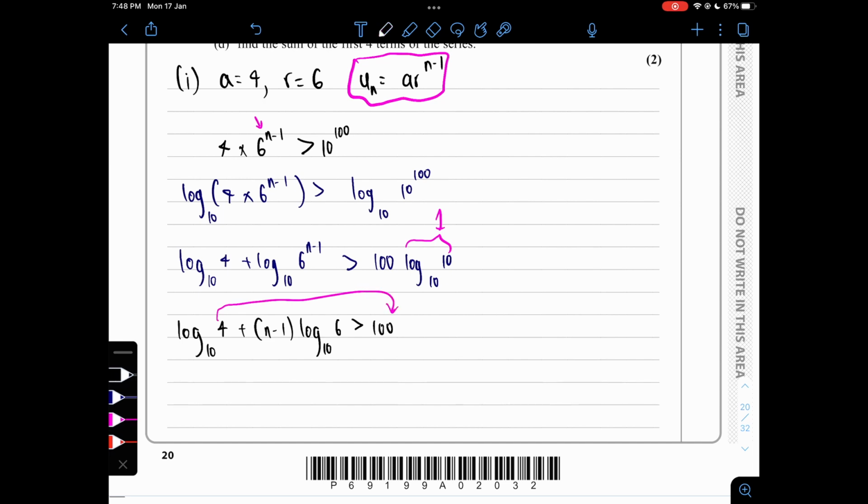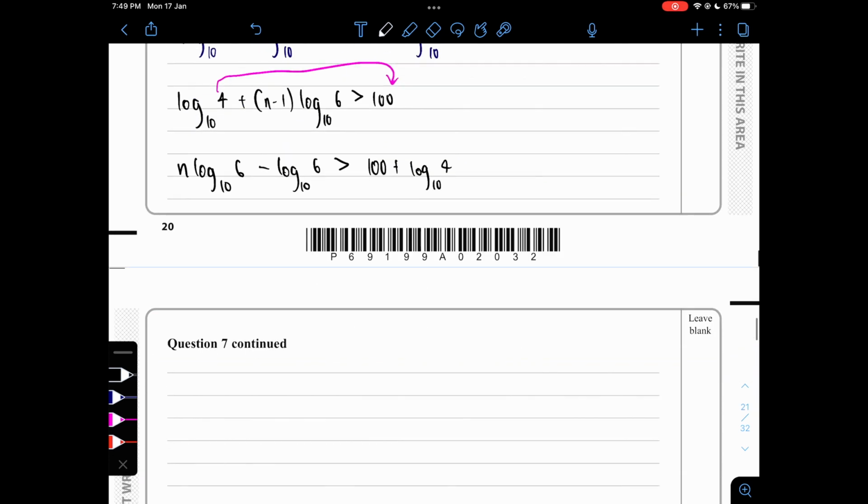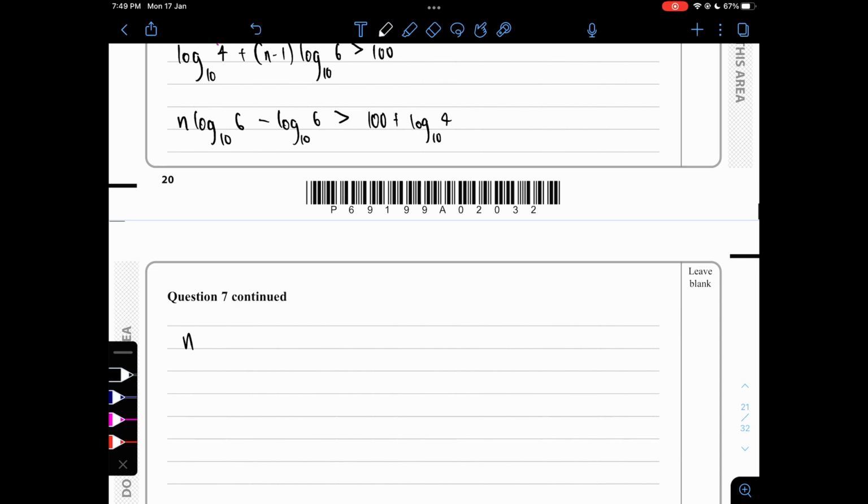So we can take this and put it on this side as well. We're left with n log base 10 of 6 minus log base 10 of 6 is greater than 100 plus log base 10 of 4. So now n log base 10 of 6, we're just rearranging to find what n is.